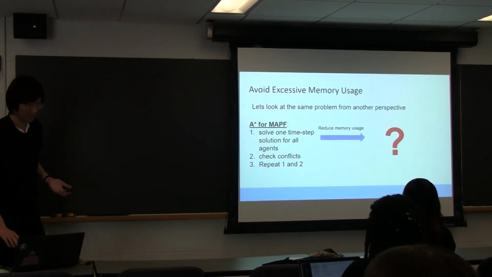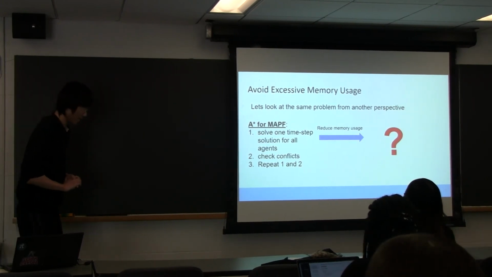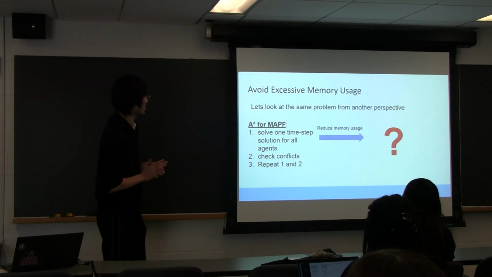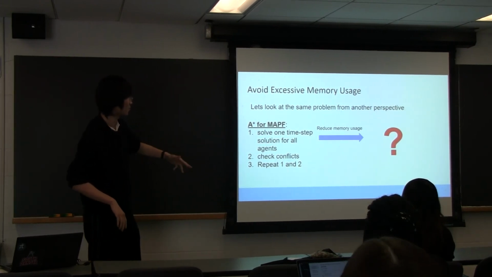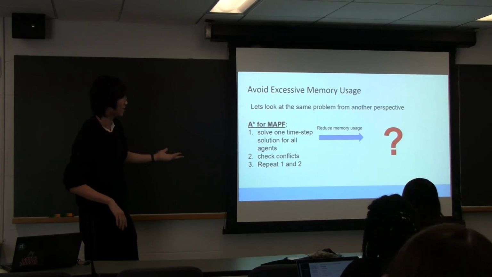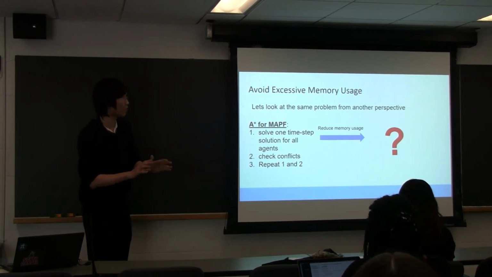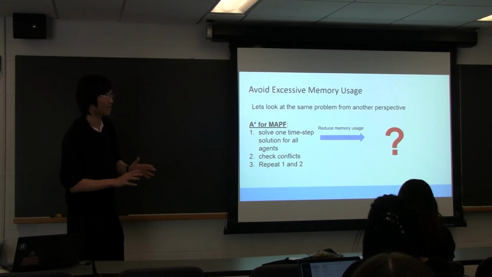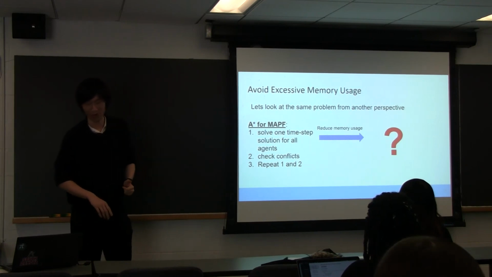From A-star, we can recap the steps we used. We solve one time step at a time for all the agents, and we check if more than 2 agents appear at the same location at the same time, and repeat that until all the agents reach the goal.